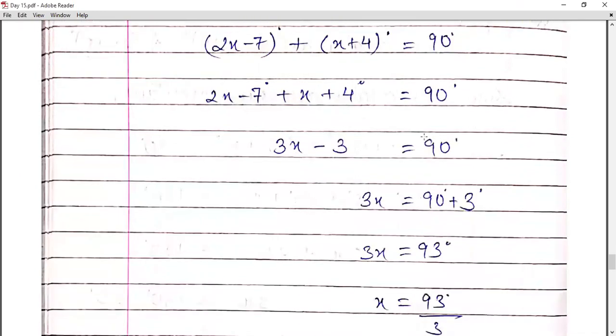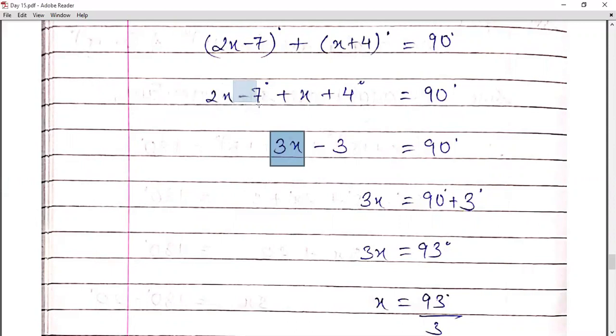Opening up the bracket, since we have a plus sign before a bracket, it will not change the sign of the terms in the bracket. 2x minus 7 plus x plus 4 degrees. Operating on x, 2x plus x will give you 3x.